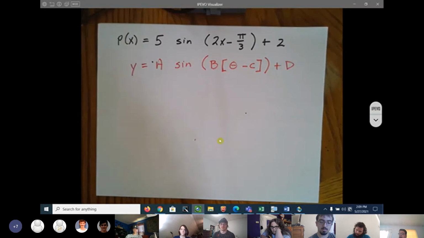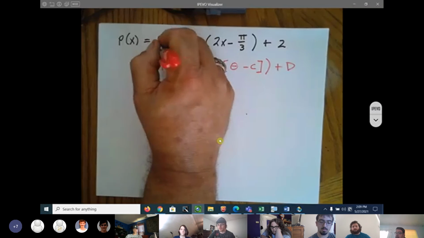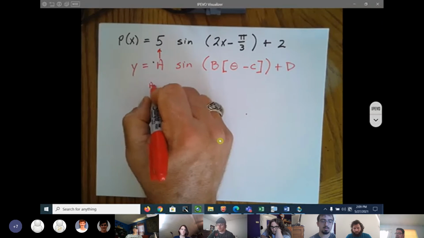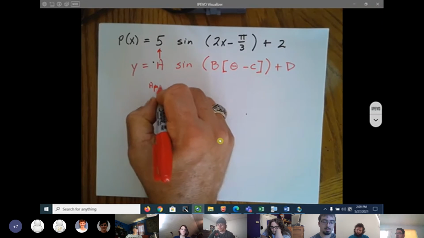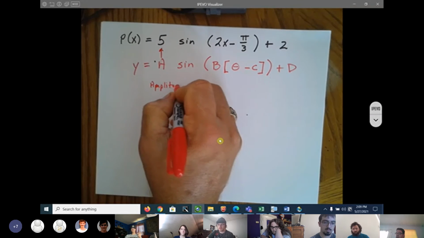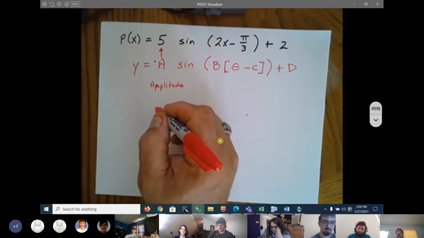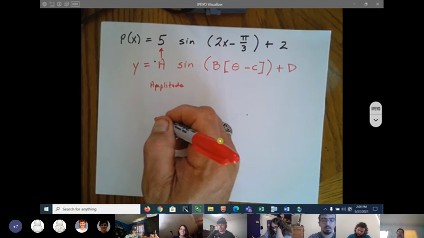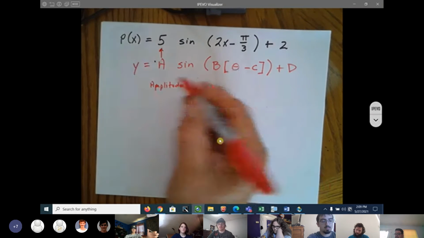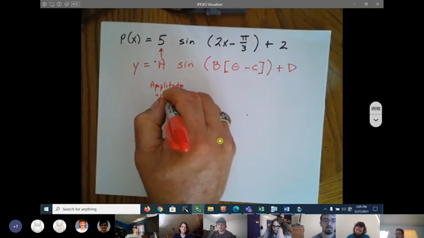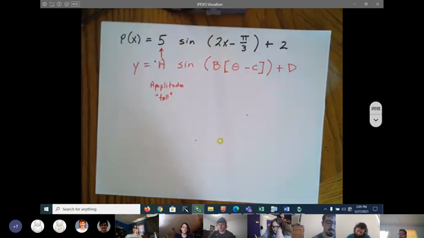Okay? The A is equal to amplitude. Amplitude is how tall the wave is compared to the x-axis. So I put tall right there.